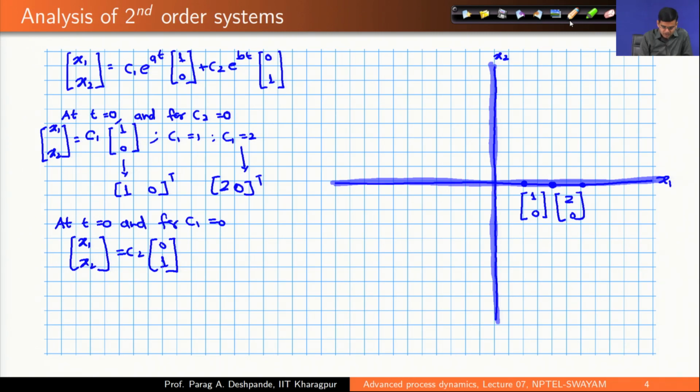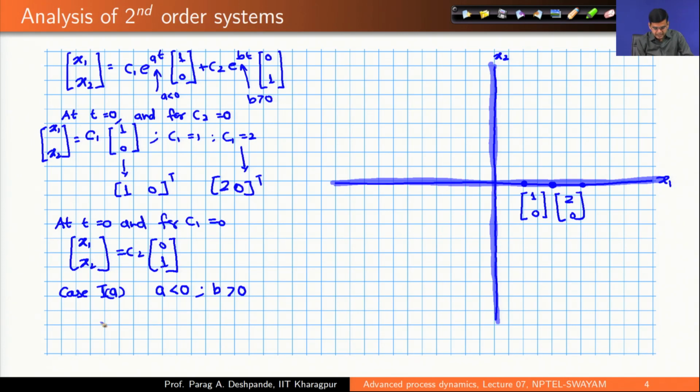Okay. So, now I have a case 1 a, where I say that a is less than 0 and b is greater than 0.